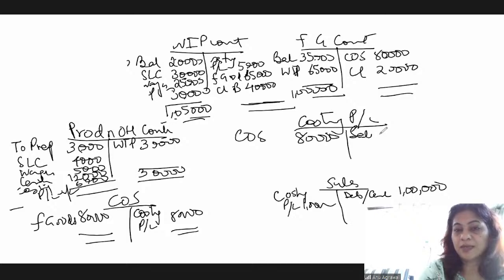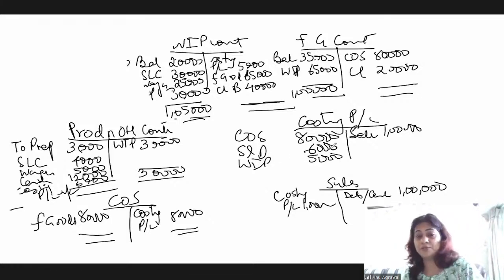Sales, we have got 1 lakh. Selling and distribution was 6,000. Then that idle time, I transferred it from WIP, it was 5,000. And there's another 5,000 which is not tallying, right? So where do I put the difference?